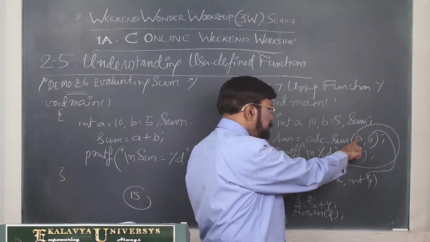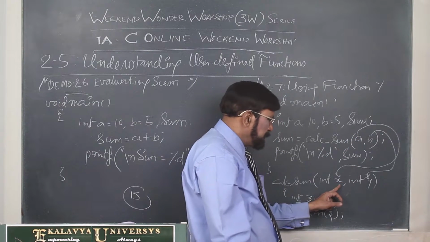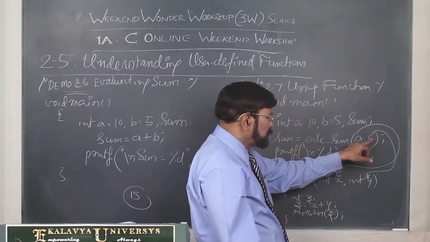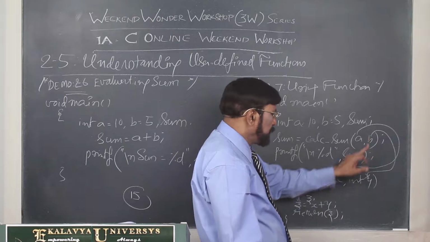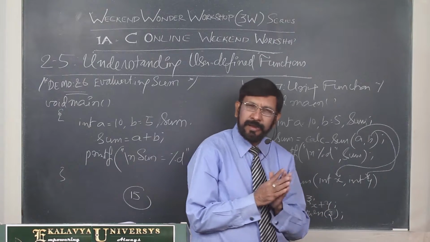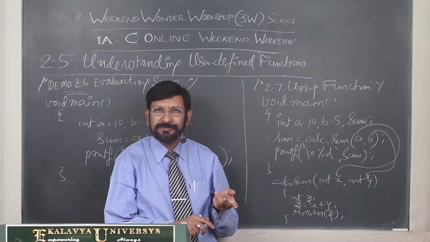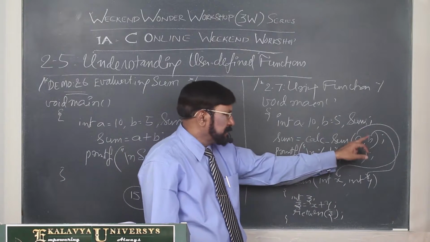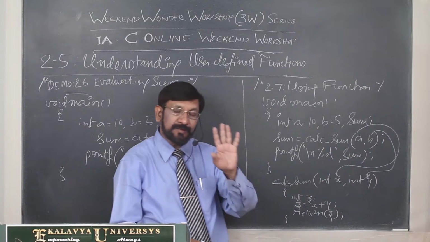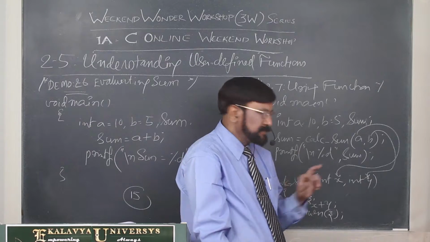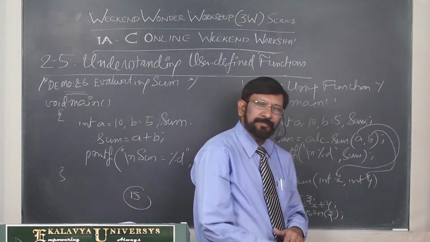A copy of the value stored in a is pasted here in x. A copy of the value stored in b is pasted into y. That's why x and y are called formal arguments. Understand? Your a is different, x is different, b is different, y is different. There are four variables now. Actually, a's value is copied into x, b's value is copied into y.